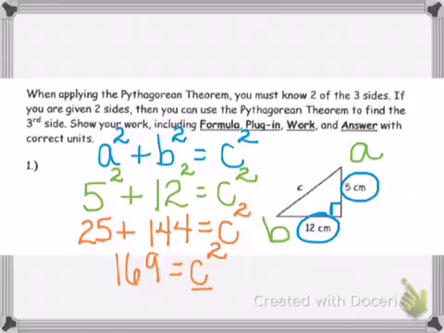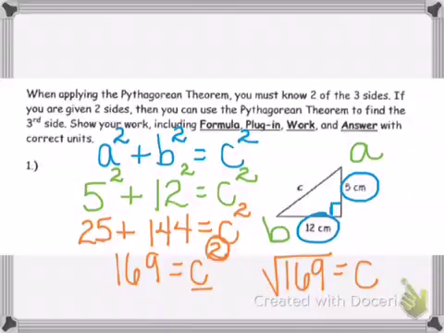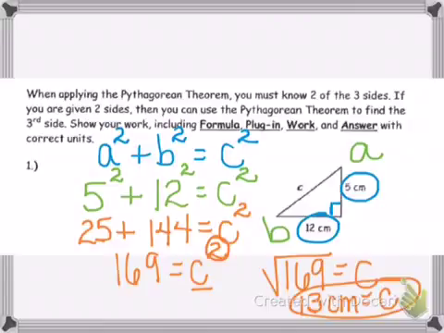So in order to undo the power of 2, I'm going to take the square root of 169, and that's going to tell me what c equals by itself. The square root of 169 is 13. So that means my missing side of this right triangle, which is the hypotenuse, is 13 centimeters long, and I'm going to remember to put units on it because it is a word problem.